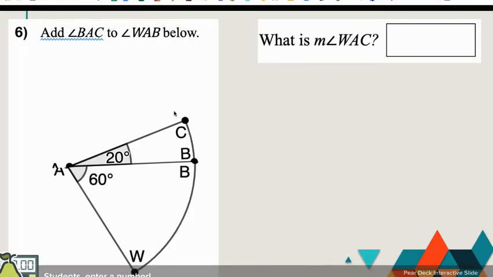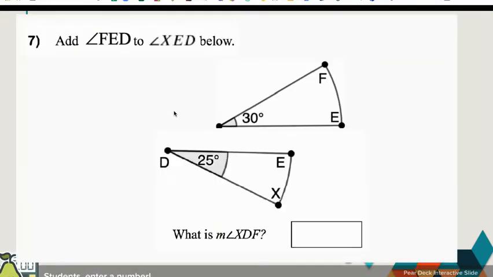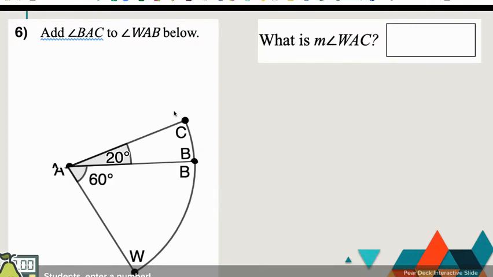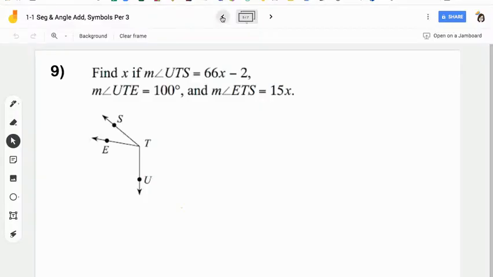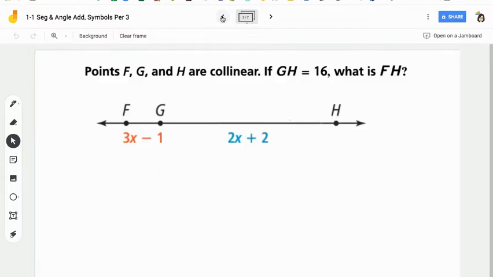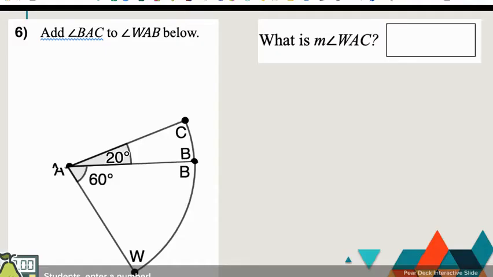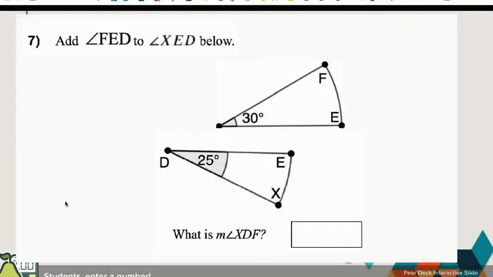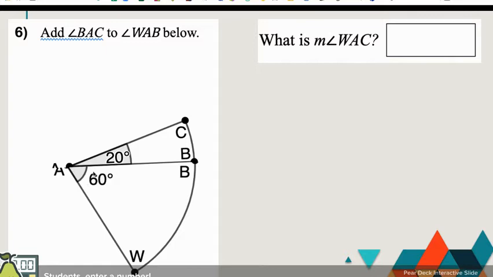What is the measure of angle WAC? I forgot to mark it. That is going to be 60 plus 20, so that is 80 degrees.